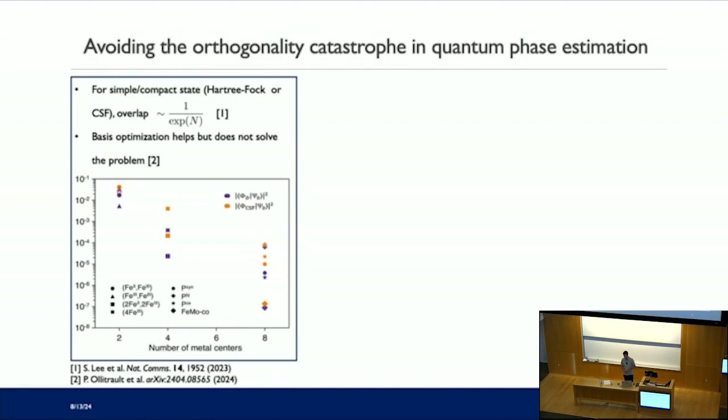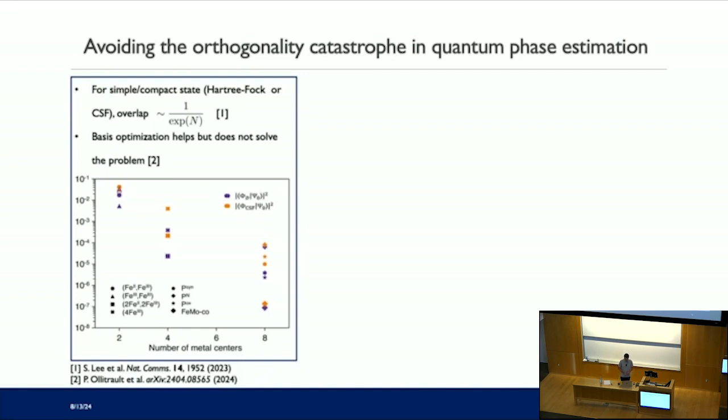So in the long term, obviously, we would like to solve for the ground states and excited states of systems that are really intractable classically, which is not the case for the ones that I've shown you before. And again, classic example is FeMoco. And there you can numerically see, and this was done in this exponential quantum advantage paper, that the overlap of a very simple state like Hartree-Fock or a particular configuration state function diminishes exponentially in the number of strongly correlated electrons, which again, after all I've told you earlier, shouldn't be a surprise.